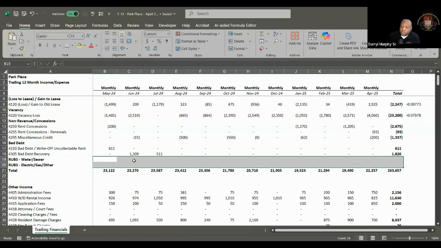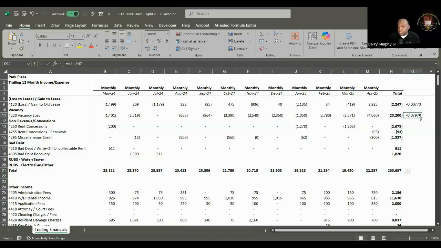You try to implement the RUBS, and the word gets out that everyone else is not charging RUBS, that vacancy right here may increase. So you're not going to want to be the taste tester to see how those beef ribs are.